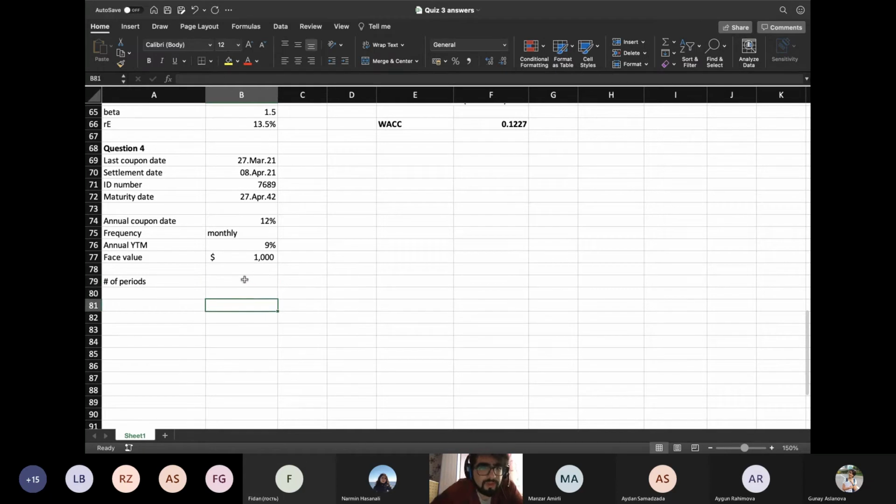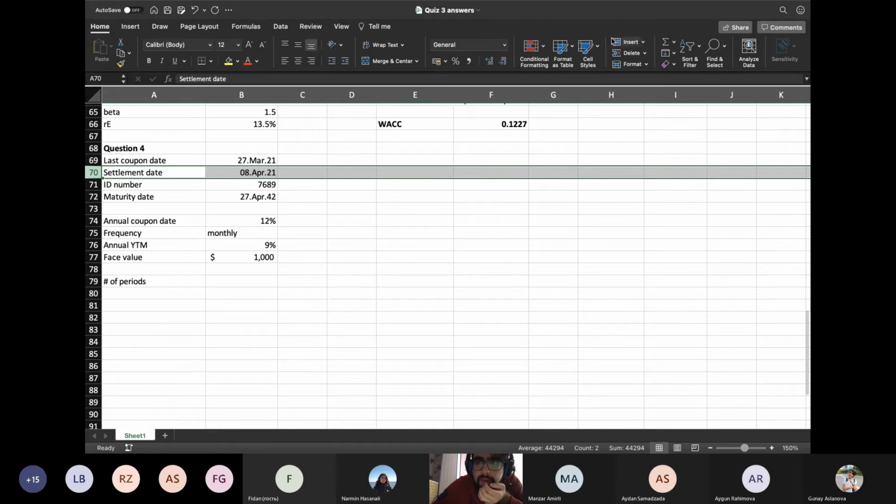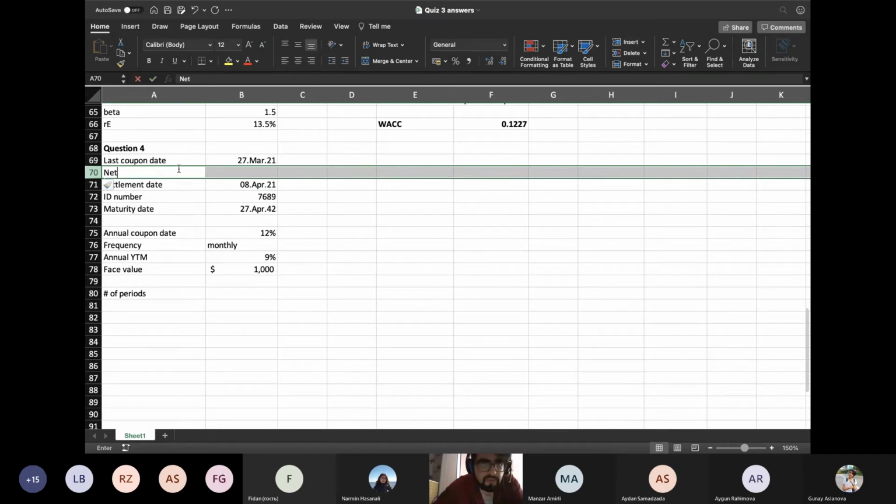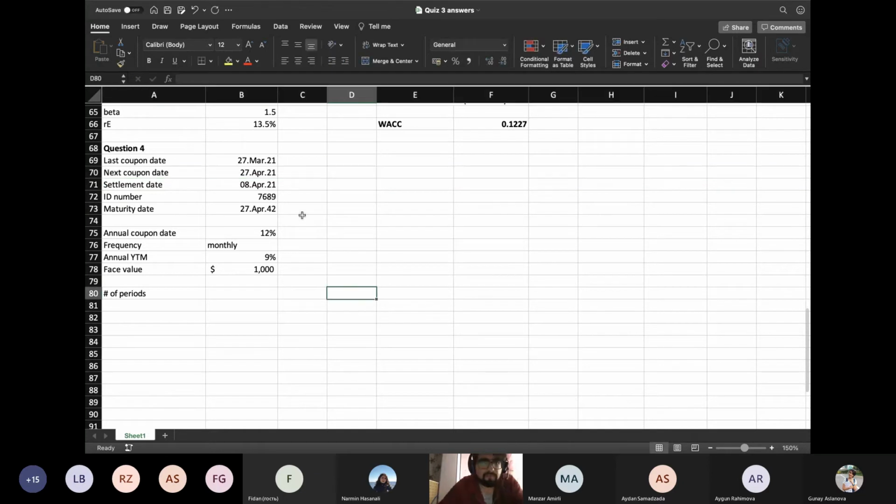Let's don't do like that. Let's calculate manually. So last coupon date is 27 March. So next coupon date is 27 April 2021. Last coupon date.